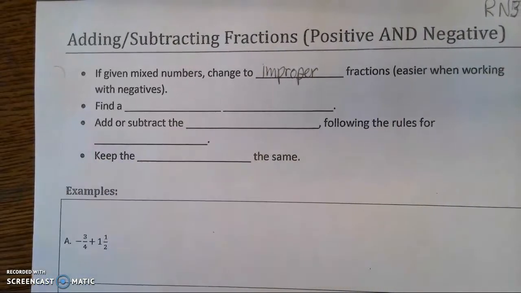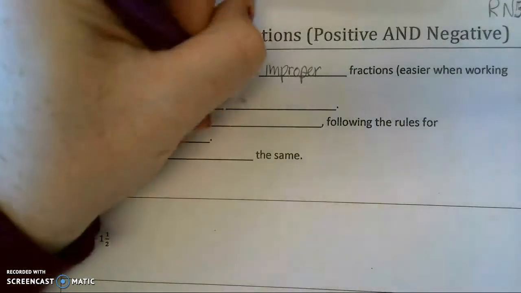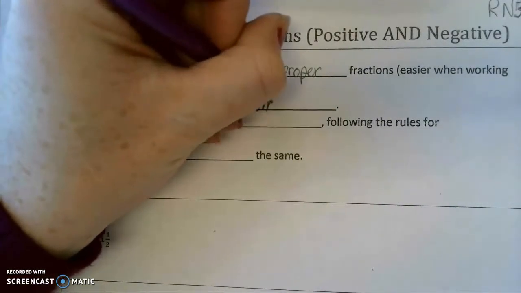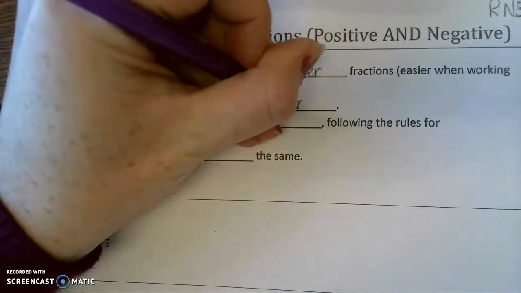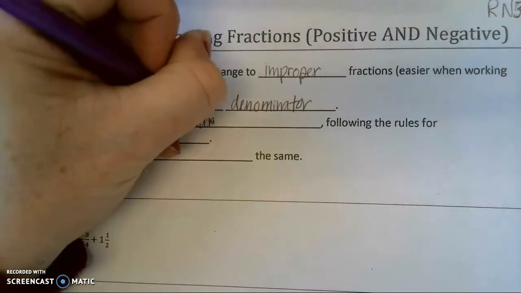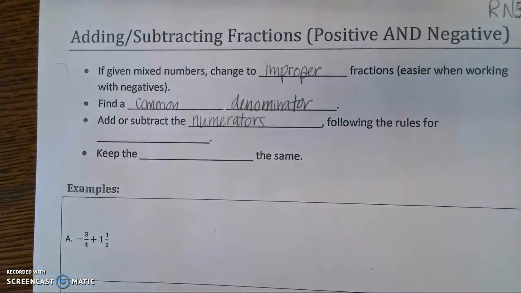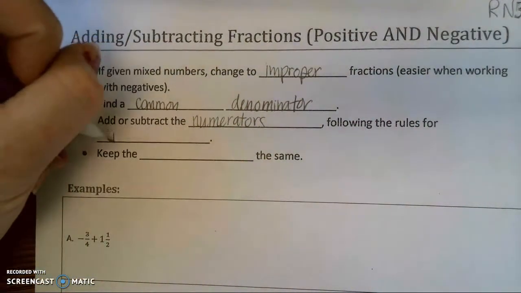The next part, we need to find a common denominator. After we find a common denominator, then we're going to add or subtract the numerators, that top number, and you're going to follow the rules of integers.